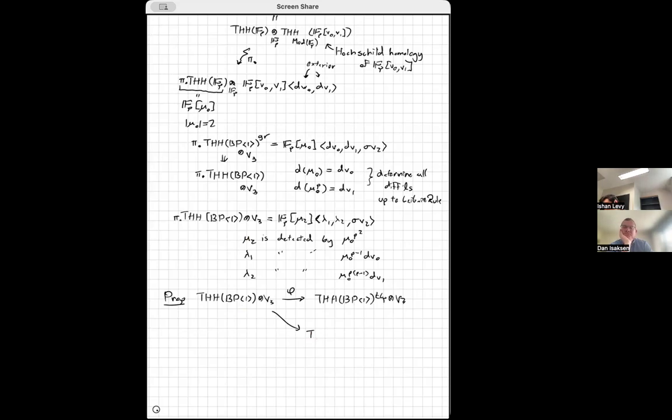So in other words, this is a ring map, and it factors through what you'd get by inverting mu2 on the source. So you can take this source and you can just invert mu2. And then that maps to here, and this map is an isomorphism.